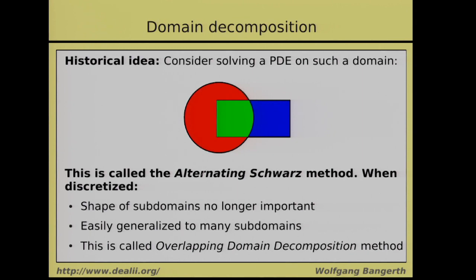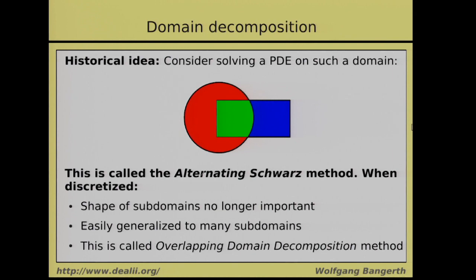And of course, you can do this on a piece of paper, or today you can do this on a computer. So on a computer, you would just solve the PDE on the circle and on the box numerically. And you would do the same things: you start on the circle, you choose arbitrary boundary values here. You solve on the box where you choose the previous solution of the circle on this part of the boundary value, and then you just go back and forth.